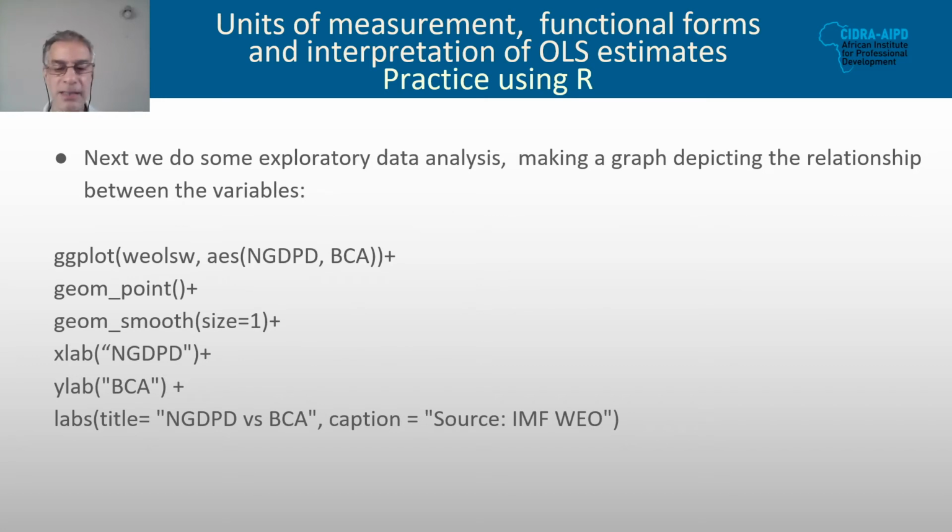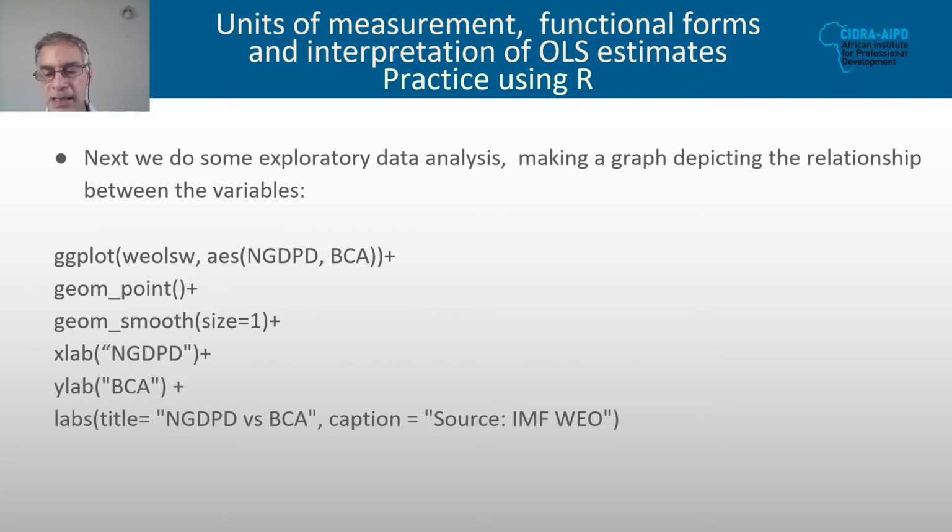The first thing that we have to do is some exploratory data analysis. And this is very simple for us in this case because we have only two variables. Yes, you can use, as I did, ggplot. And just take a look at what this data is telling us.